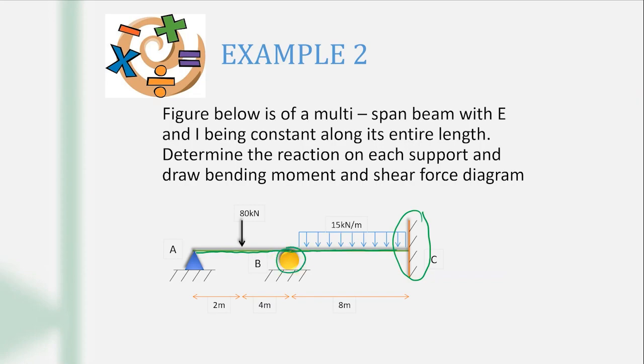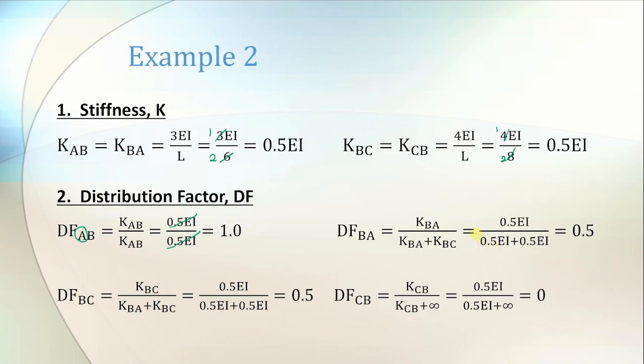Therefore, the total stiffness for DFBA, distribution factor B to A, is KBA plus KBC. That's why down here it is KBA plus KBC. Then you just calculate 0.5 EI. So 0.5 plus 0.5 becomes EI or 1 EI lah. Okay, so 0.5 bahagi 1 you akan dapat 0.5.